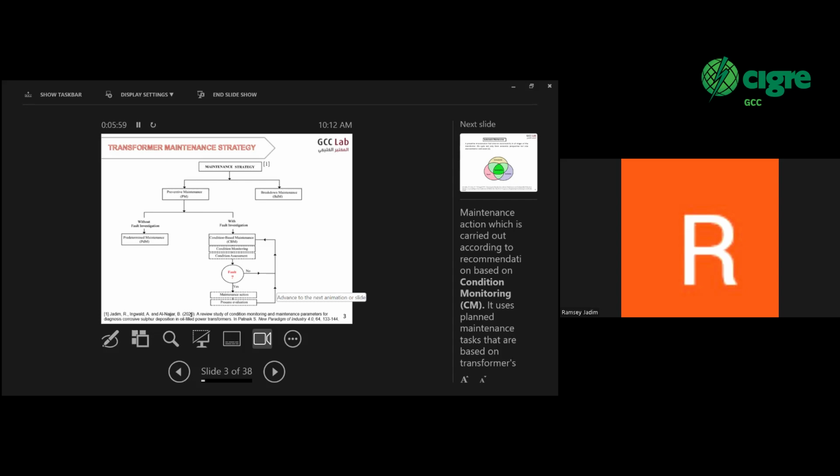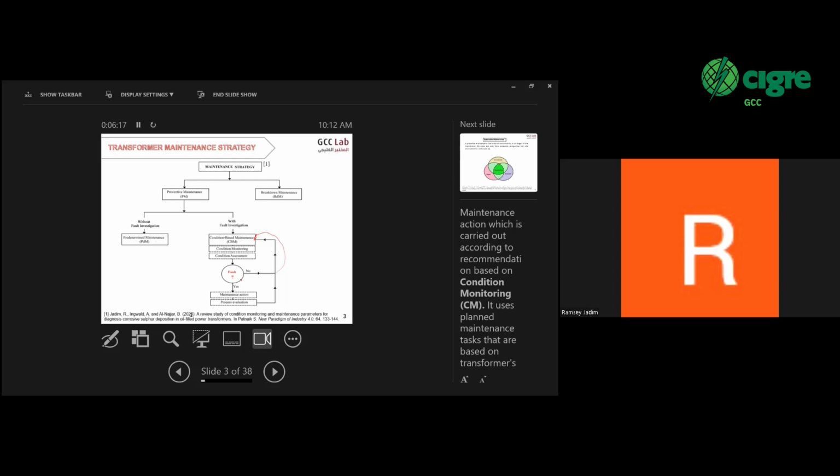If there is no fault, in this case it goes back again, 6 months, 1 year, according to the maintenance plan of the power plant.